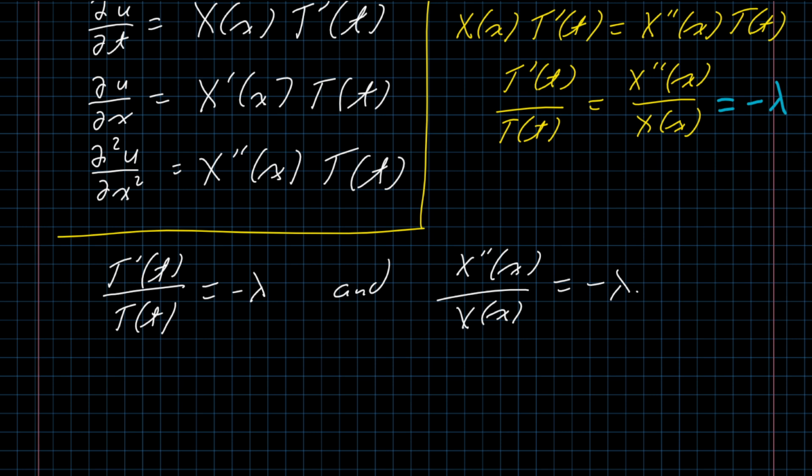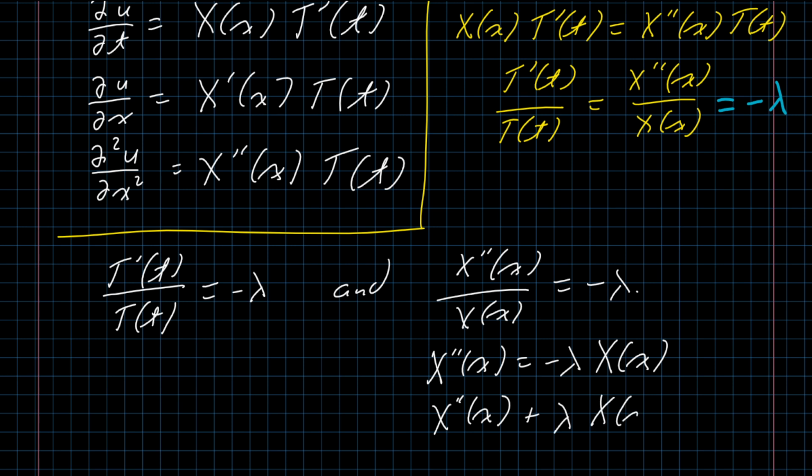For this particular form, that first equation we can leave alone, but the second equation I'm going to do a little bit of work with. Rearranging the equation, I can write it as X double prime of x plus lambda times X of x equals 0. And this should look familiar to you.